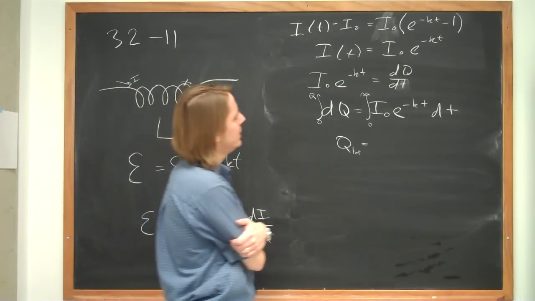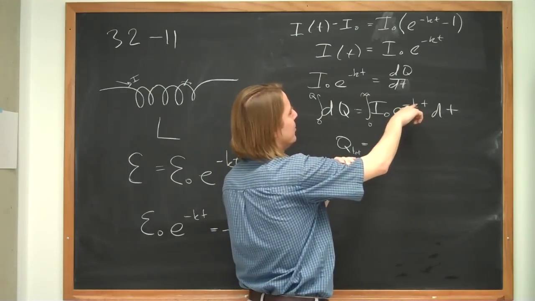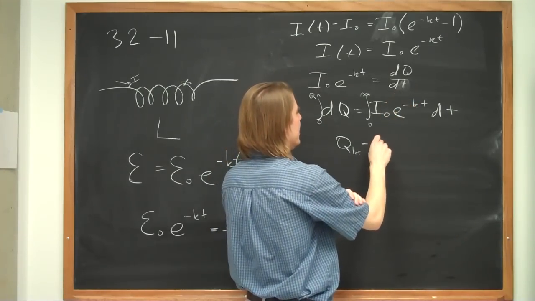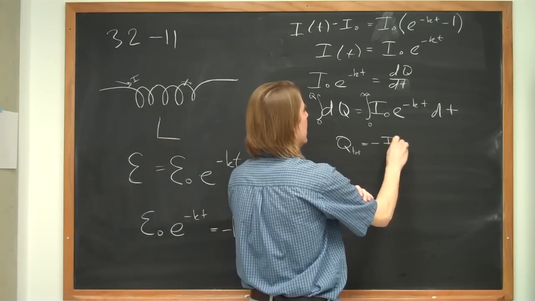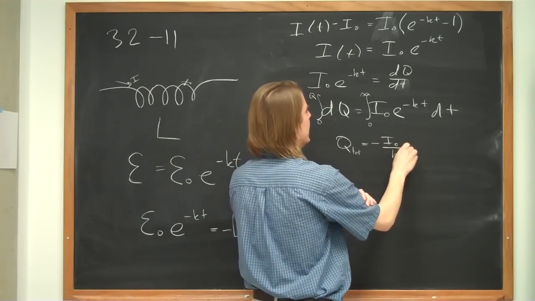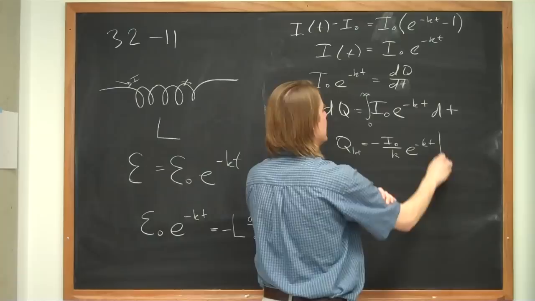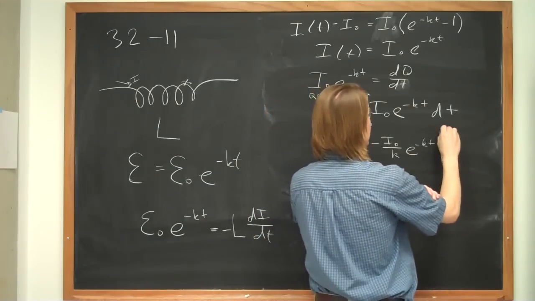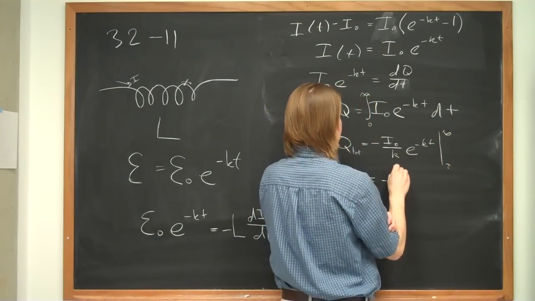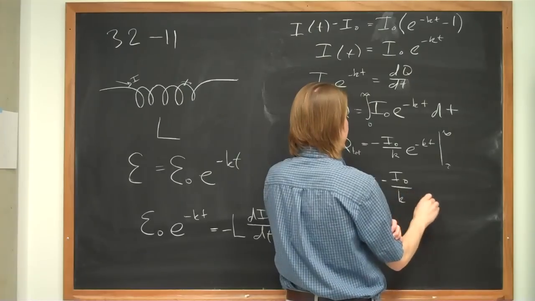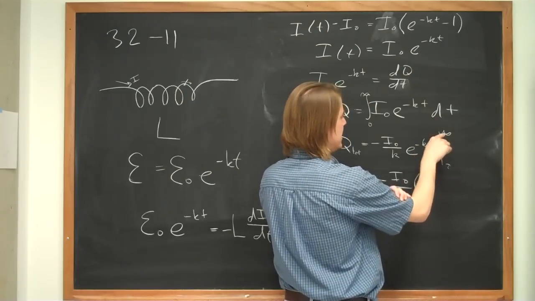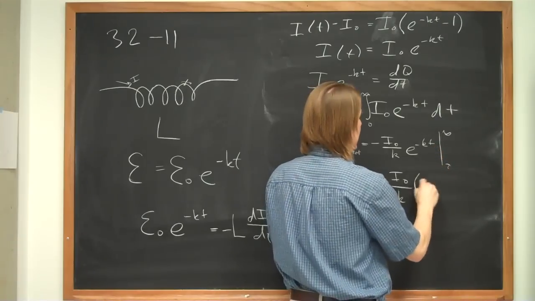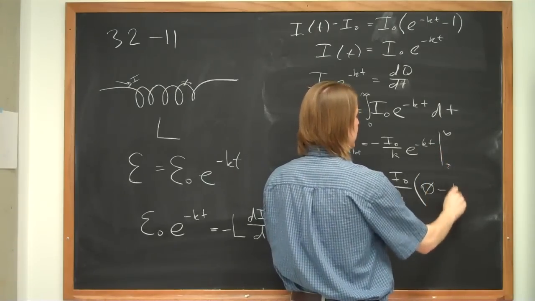And this integral is, let's see, to integrate e to the minus kt, you divide by a minus k. So it's minus I naught over k, e to the minus kt, evaluated from 0 to infinity, which is minus I naught over k, e to the minus infinity is 0, minus minus e to the 0, which is 1.